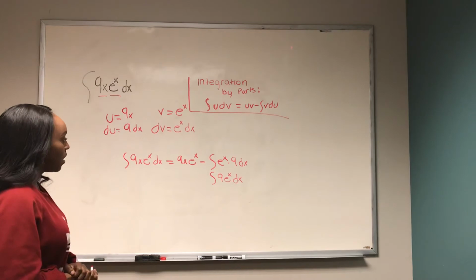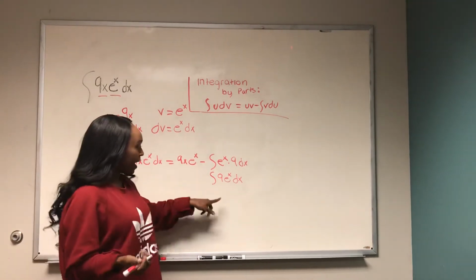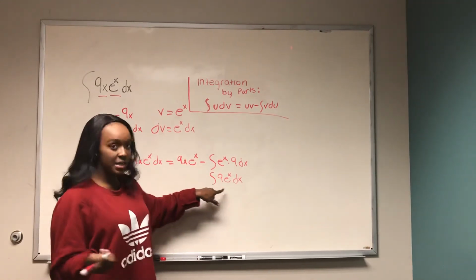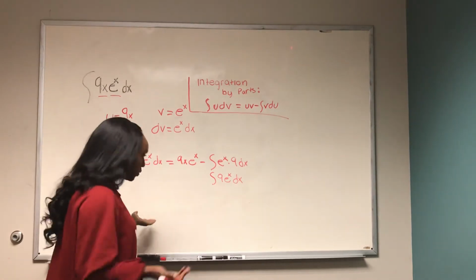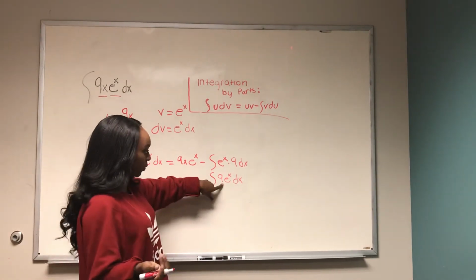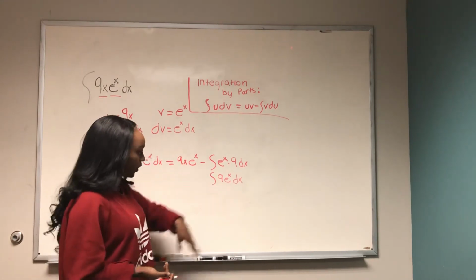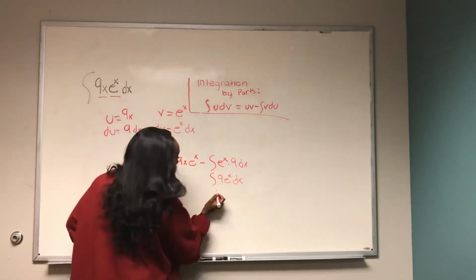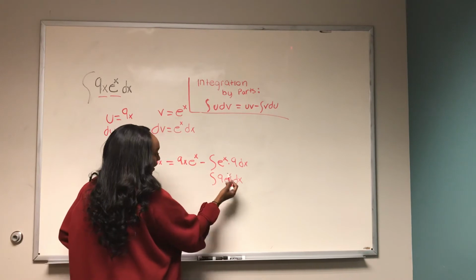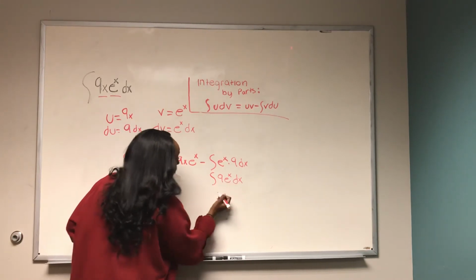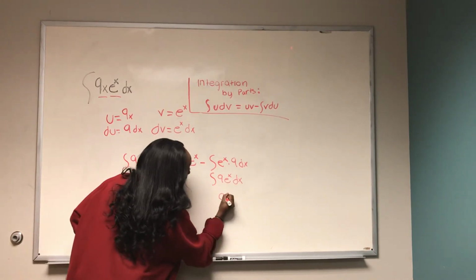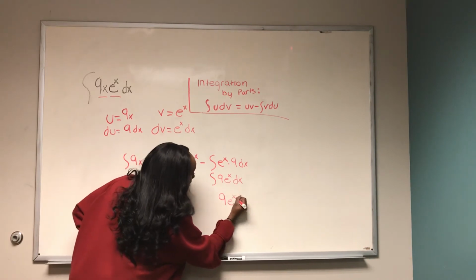So now we see that we have to find the integral of 9e to the x dx, and by rules of integration we know that e to the x will stay e to the x, and we'll just leave the 9 in front as well. So this 9e to the x dx integrated will simply be 9e to the x.